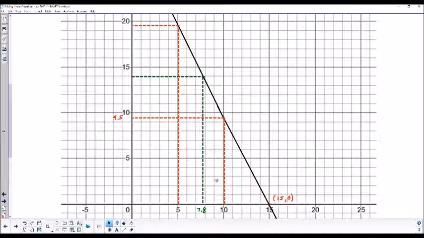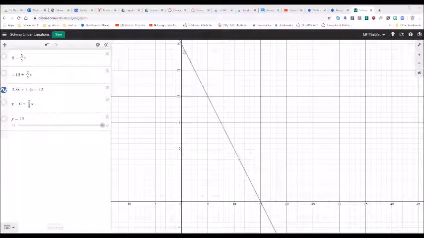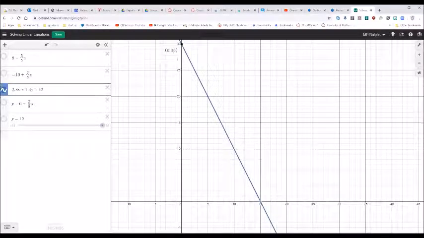If I go back to the line that we drew a couple of days ago, here's the line that we graphed in Desmos, and I look at the y-intercept, which is 0, 30. The x-intercept here is 15, 0, and then I can scroll along and see any ordered pair that will satisfy this equation, 2.8x plus 1.4y equals 42. Here's one that's 10, 10.